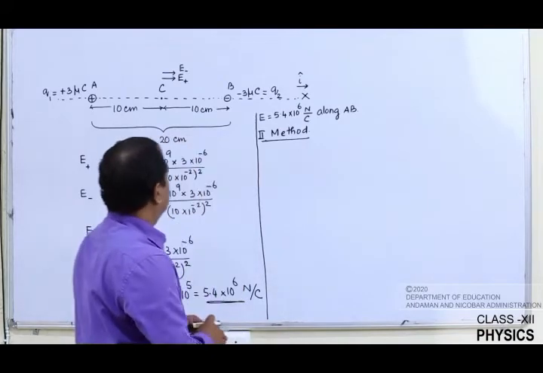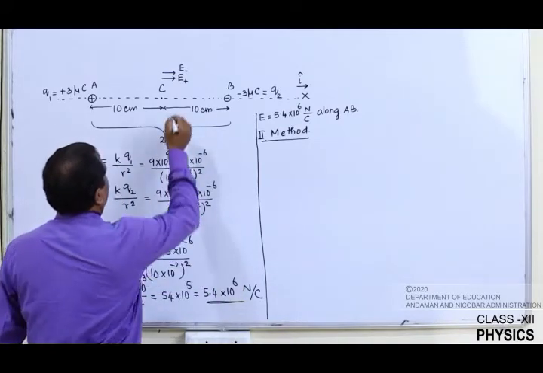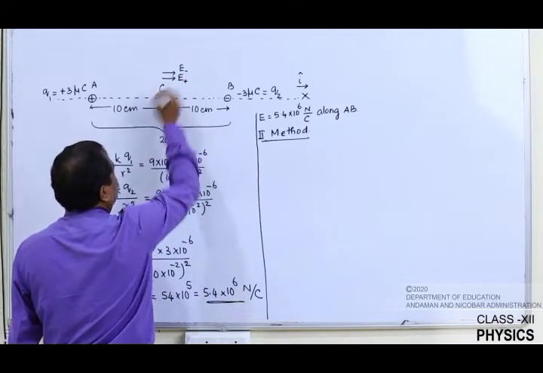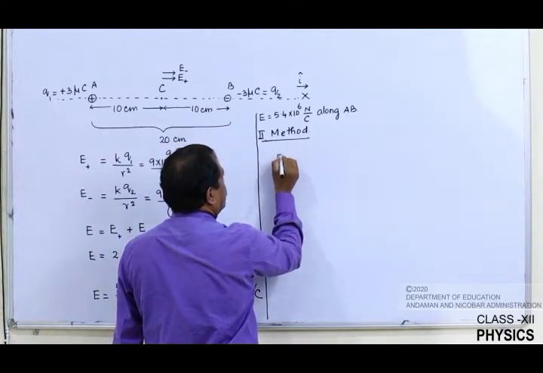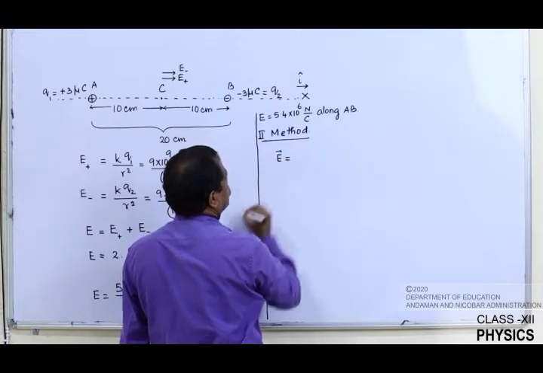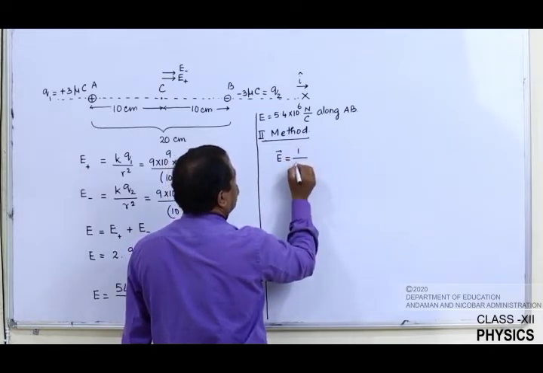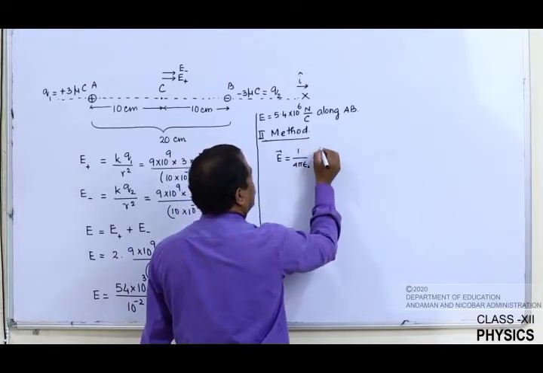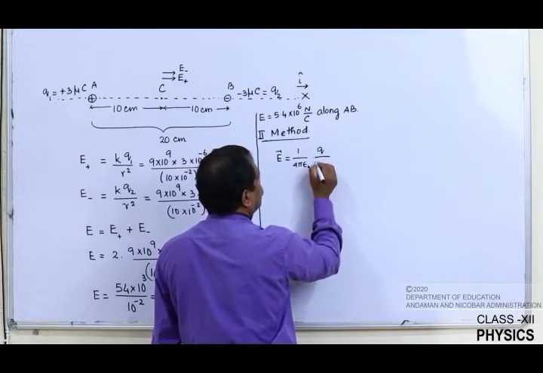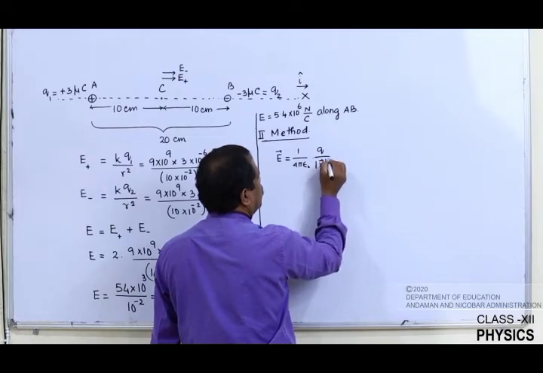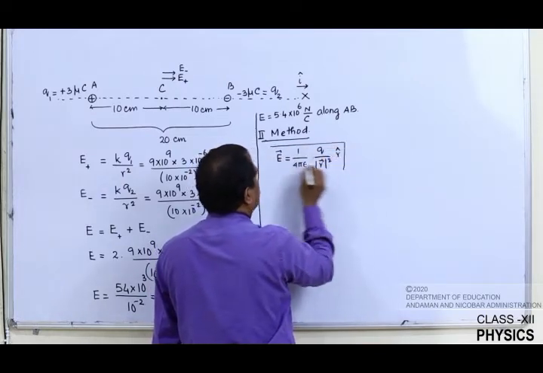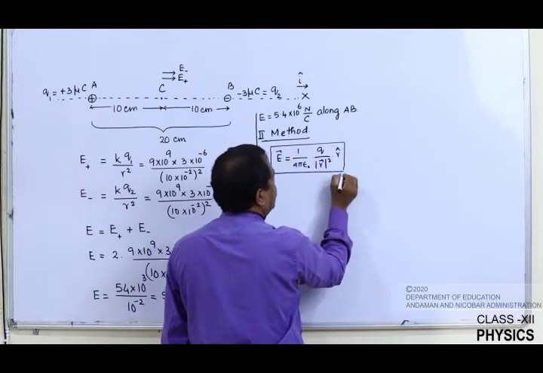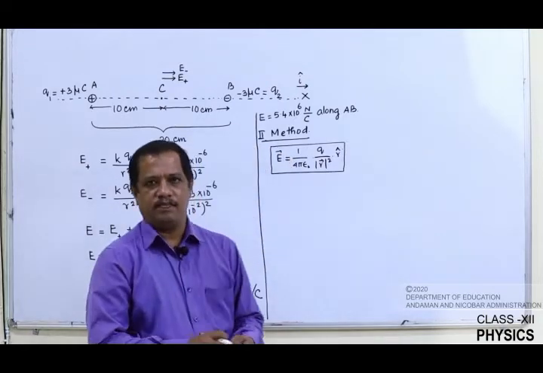So in that case, I am going to calculate the electric field due to the positive charge. I know the expression: electric field is equal to 1 by 4 pi epsilon naught into charge divided by square of the magnitude into unit vector. This is the general vector expression we use to calculate the electric field in vector form.